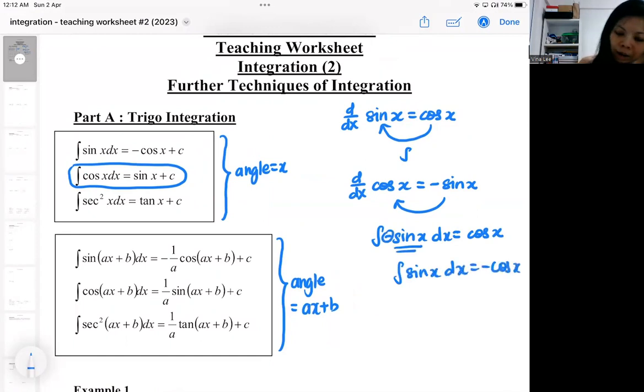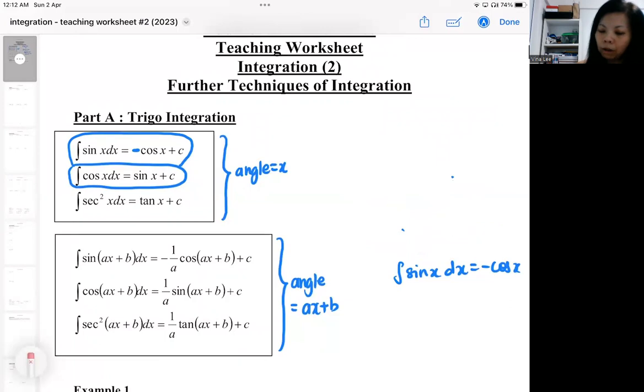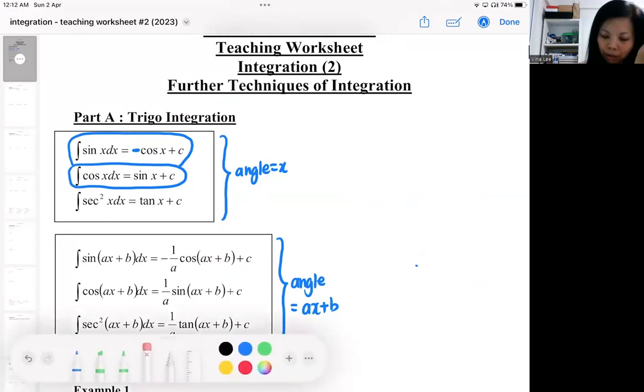So that's how I get a negative here. So you think the opposite of your differentiation. You find a way that you remember better. For me, I remember better through differentiation, so I will link it back.